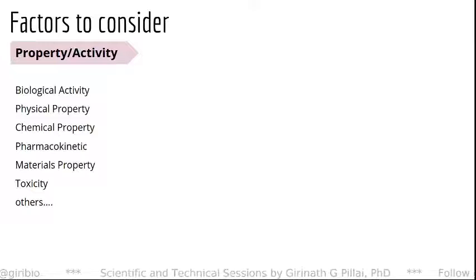Coming to toxicity, you have to understand the knowledge base, which region of the compound is prone to be toxic and others are not. So you need to have a thorough understanding of that and select the key descriptors and other property or activity, whatever you're trying to do.